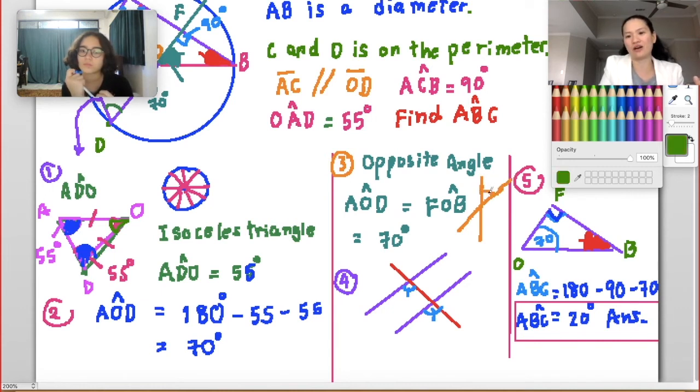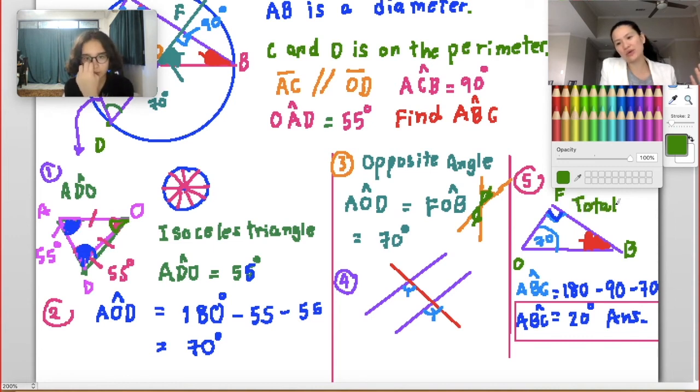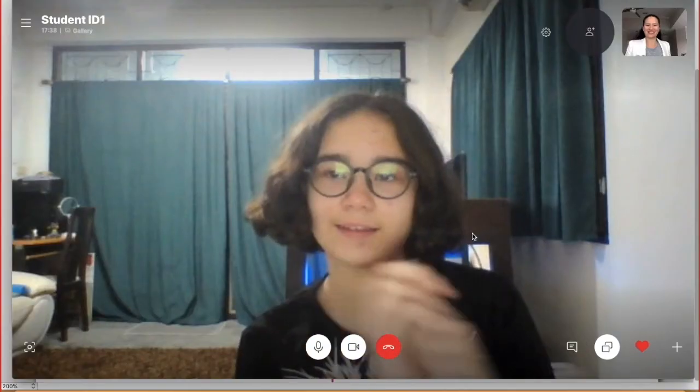And another one, the quality of the parallel line: inside and outside angles have to be the same. And again, the quality of the triangle: the total angle equals 180 degrees. Yes, that's it. Okay, give a big hand to us.